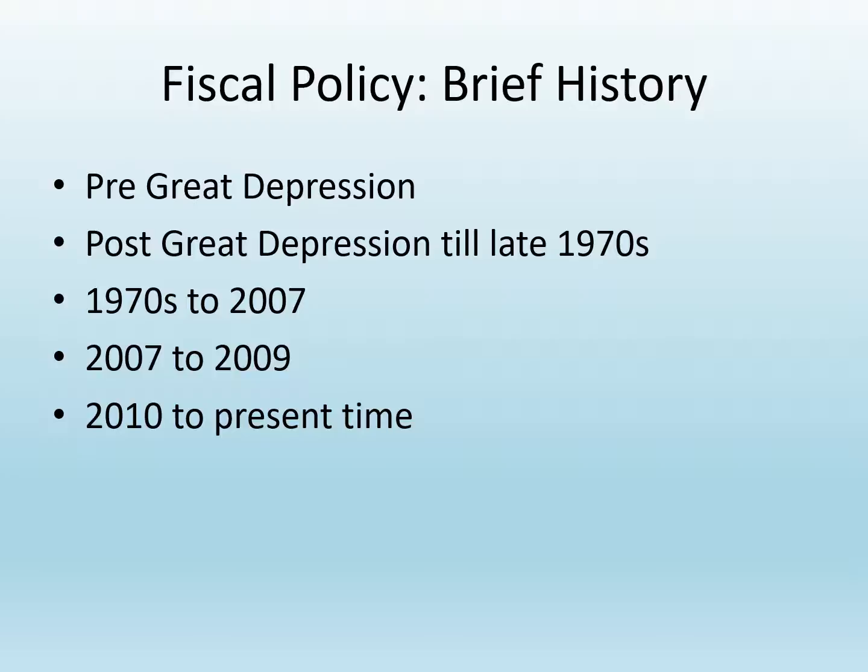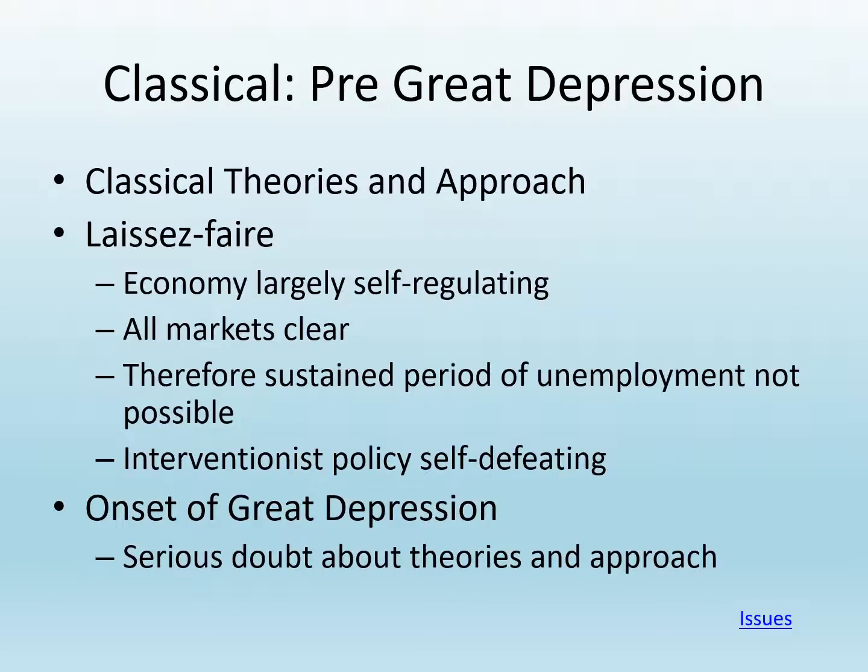We then have a look at what happens post the Great Depression until late 1970s, early 1980s. We then look at 1970s to the beginning of the financial crisis, what happened over the course of the financial crisis 2007, 2009, and then what happened from 2010 until the current time.